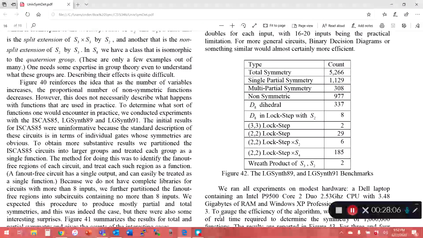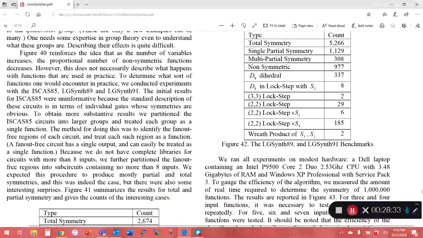When I apply a permutation to one set of 3 inputs, I have to apply the same permutation to the other set of 3 inputs. And that's what I mean by lockstep. So there are some interesting lockstep symmetries here. Wreath product, again, is a hierarchical symmetry. And there is all sorts of interesting stuff in that set of benchmarks.